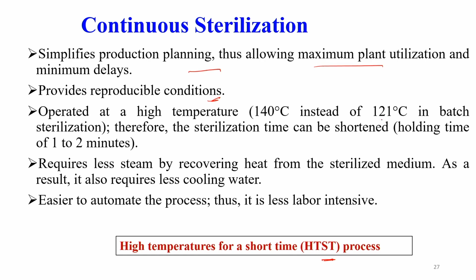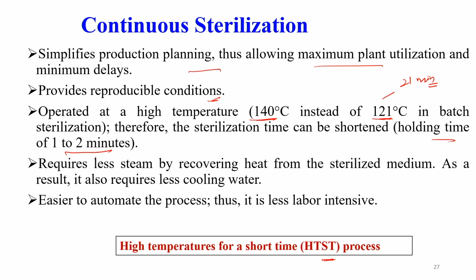Now, in batch sterilization, the temperature was 121 degrees centigrade, and here the temperature is increased to 140 degrees centigrade. Typically we keep the holding time of 21 minutes in batch, and here the holding time has decreased significantly to 1 to 2 minutes.